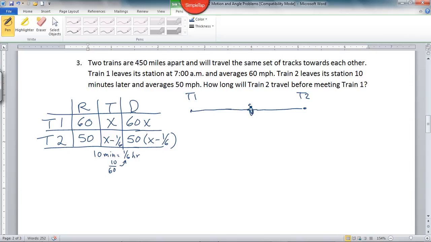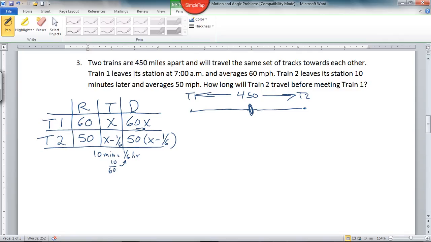We want to know when that is, and we know the distance between them is 450 miles total. When they meet up, Train 1's distance plus Train 2's distance is going to be the total distance of 450. So the two will have traveled the total distance of 450.